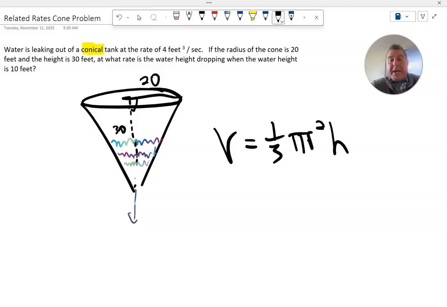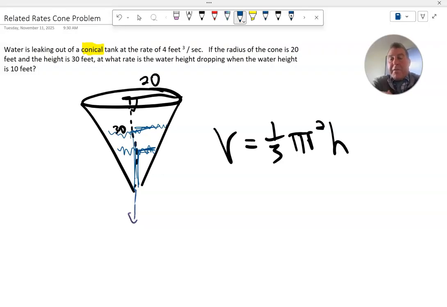So, my next step is to say, okay, well, what do I know, right? Are there any constants? Because if there are any constants, then I can just plug them into this formula because they're not, by definition, changing. They don't need to be variables. However, because this is a cone, as the water level drops from, let's say, here to here, both the radius and the height of the water will be changing, and so too, therefore, will the volume of the cone.